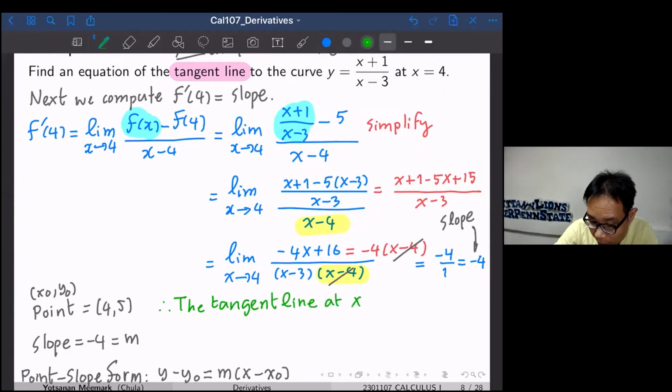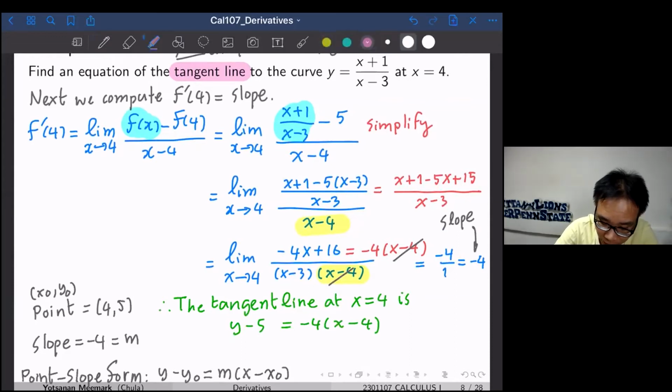at x equal to 4. It's going to be y minus 5 equals m, which is negative 4, times (x minus 4). So you have m equal to minus 4 and y minus 5.